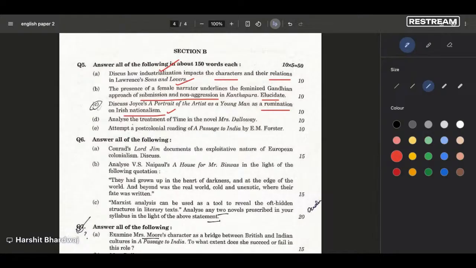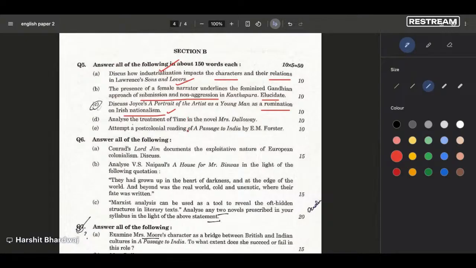He realizes that he cannot be an artist if he remains within any of the social structures, whether it's historical, nationalist, political, or religious, and all these structures are shown in the text. So in order to become an artist, he realizes that he has to go away. That's why he leaves his country. Right? So this is a pretty decent question.